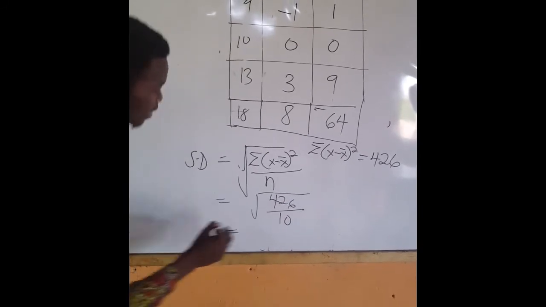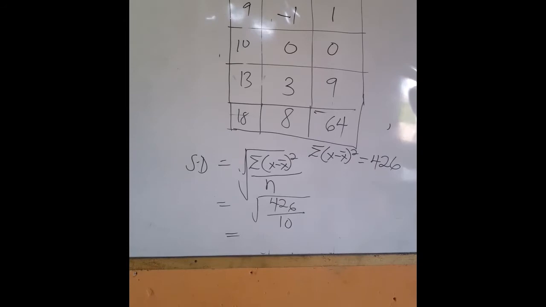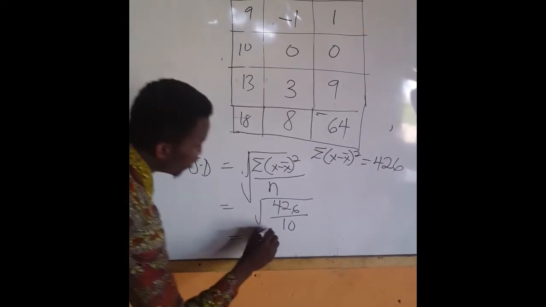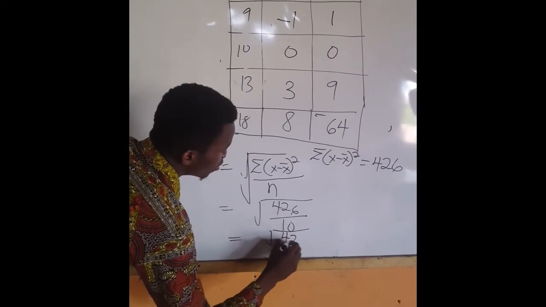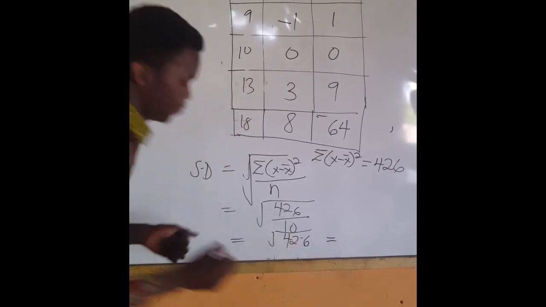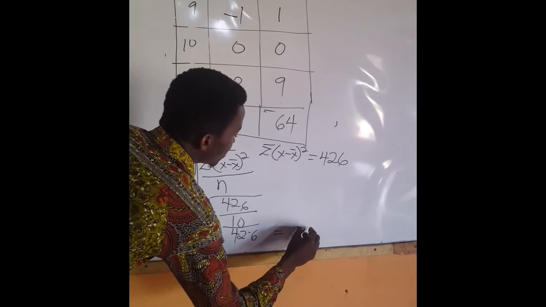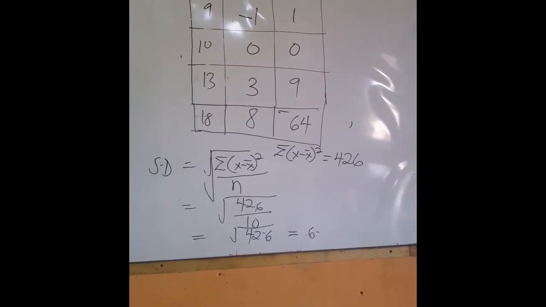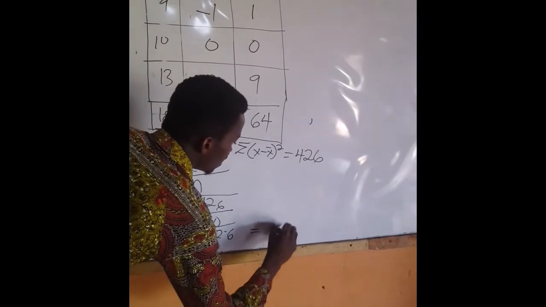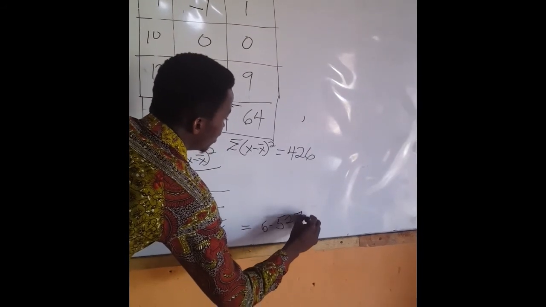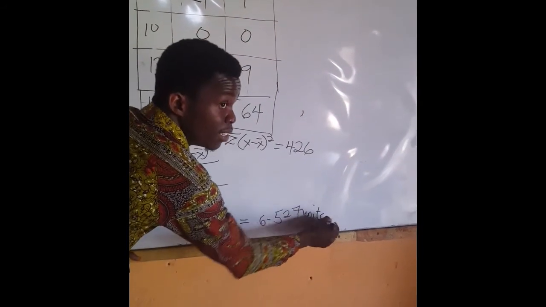And this is going to give us the root of 42.6, which is 6.527 units. Okay.